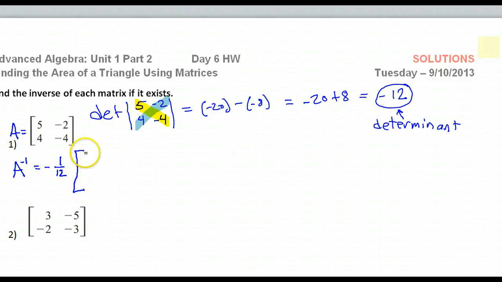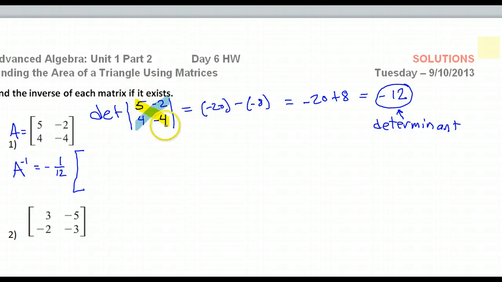Now in here, we're still working with these diagonals. But the down diagonal gets reversed, and the up diagonal gets negated. If you remember the cha-cha slide, there's a part in there where the guy goes, reverse, reverse, reverse, reverse.